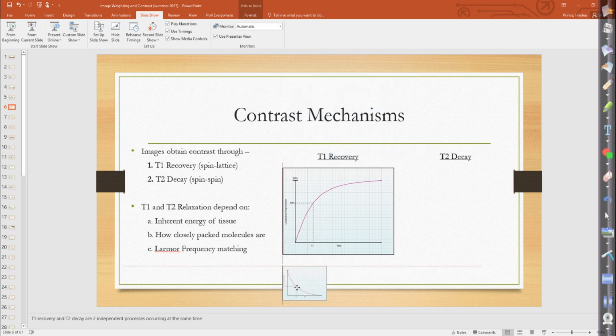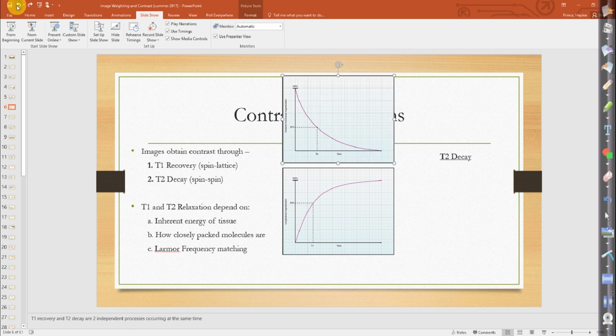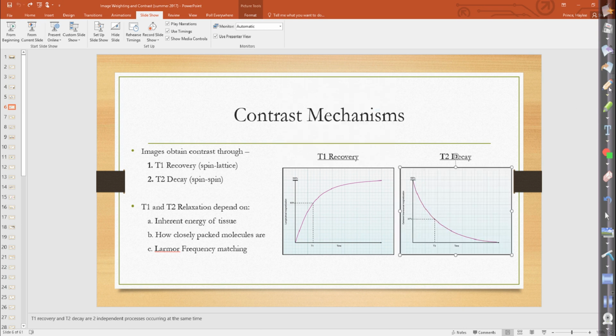So it really kind of looks like this. It decays a lot faster than it recovers. Okay, so that's why they're two independent processes. But they're happening at the exact same time, right as you turn off that RF pulse. That's when both start to change. Okay, you understand that?